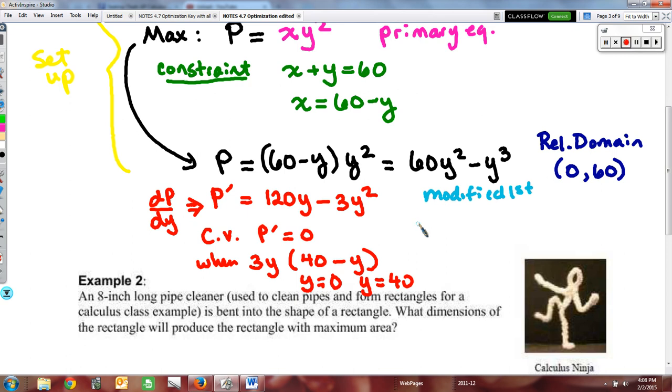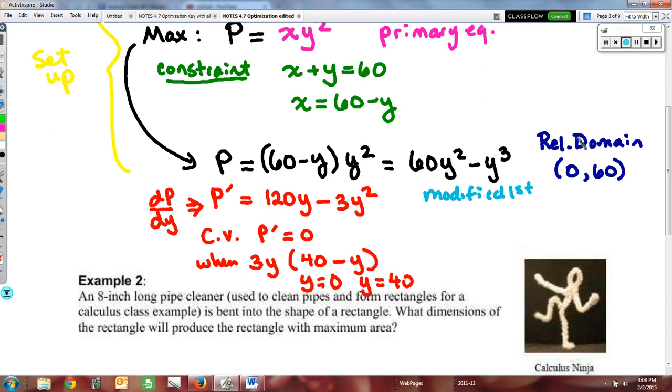And modified first says, well, first we're going to determine positive and negative. And now we're going for a max, right? So if I want to be a max, I have to be always increasing before and always decreasing after for the quantity function. So I need my first derivative to always be positive before the critical value and then always negative.